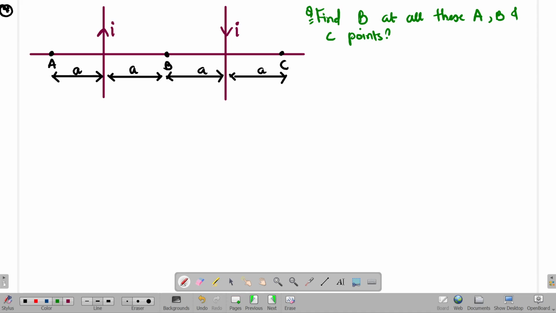Do it fast. Infinite lengths, very long wires.